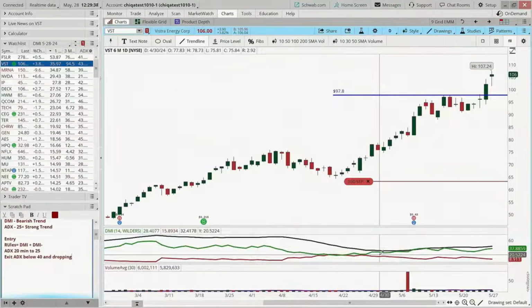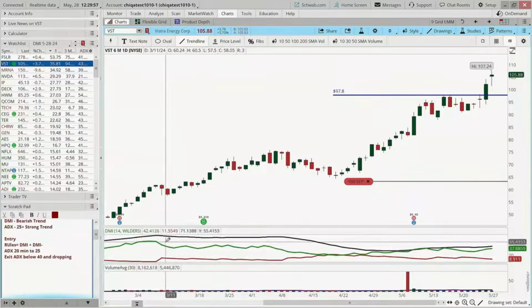But as far as exiting, we're also going to look for a cross. We're going to look for that green to cross down below the red. And as long as it hasn't done that, we're going to stay in the trend, although we're going to put up a yellow flag if ADX goes below 40, because that may be an indicator the trend is weakening.